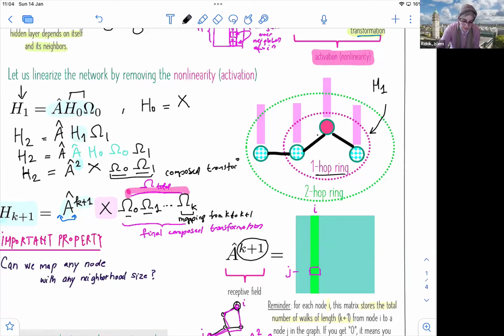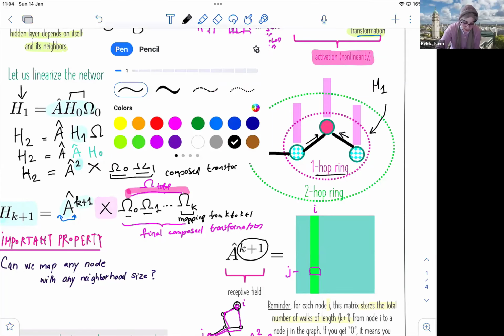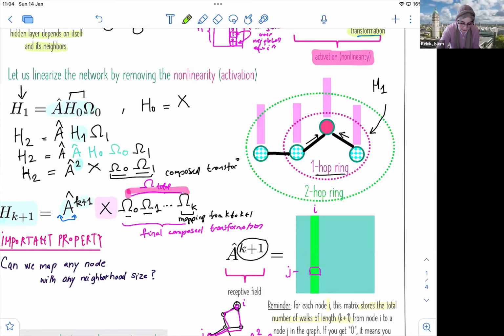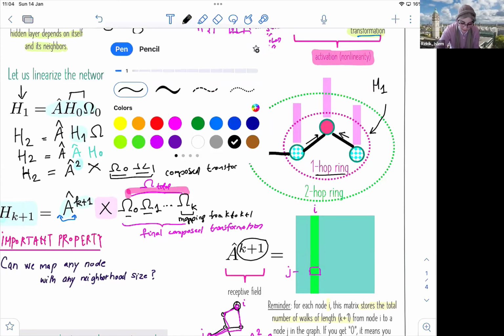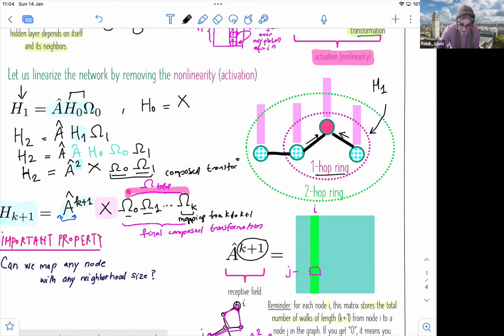So we're exploring the immediate neighbors. And then when we get to the second layer, we have A squared for calculating H2, so it depends on A to the power of 2. This means that we need to do 2 hops, so we're exploring further neighbors: a neighbor of a neighbor that is 2 hops away.